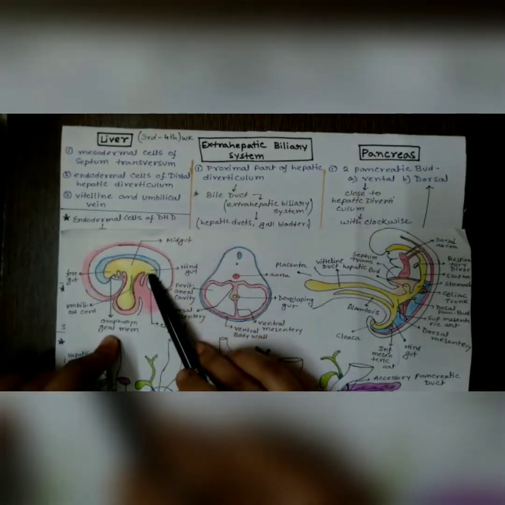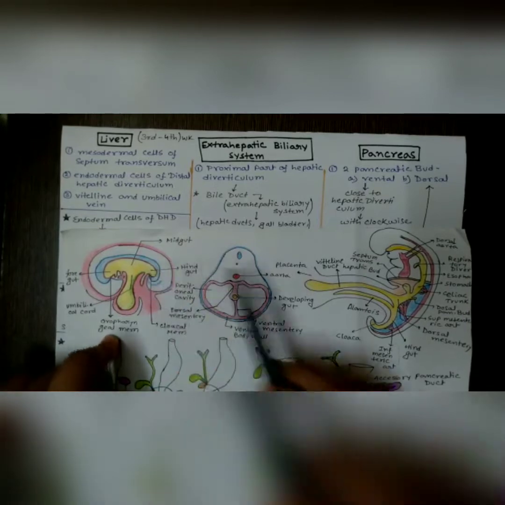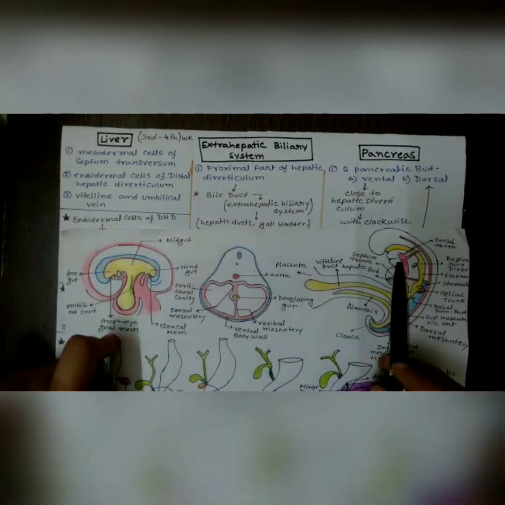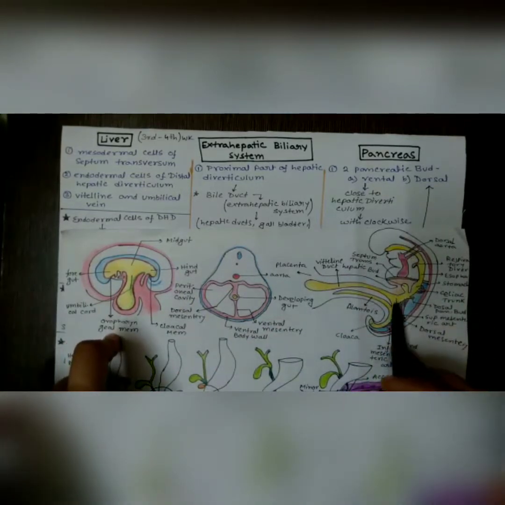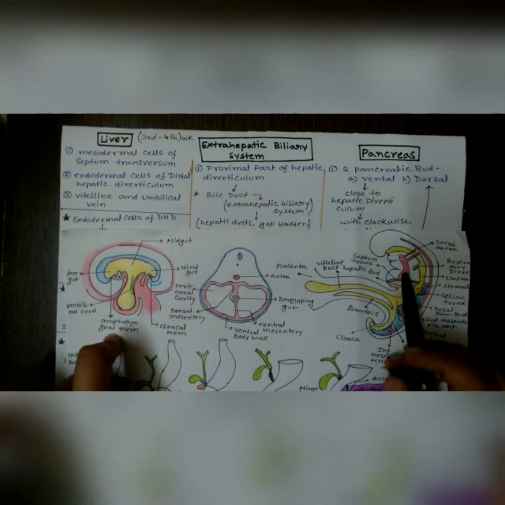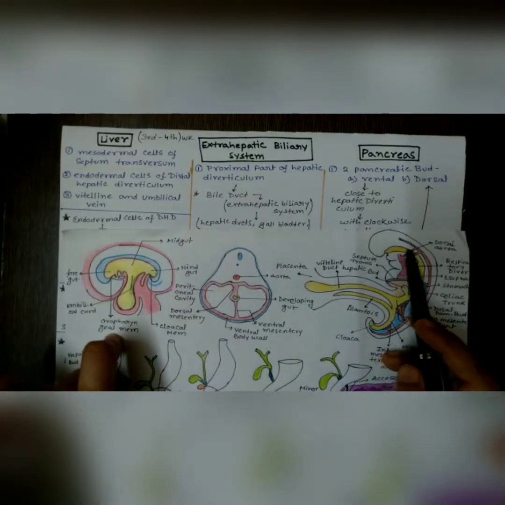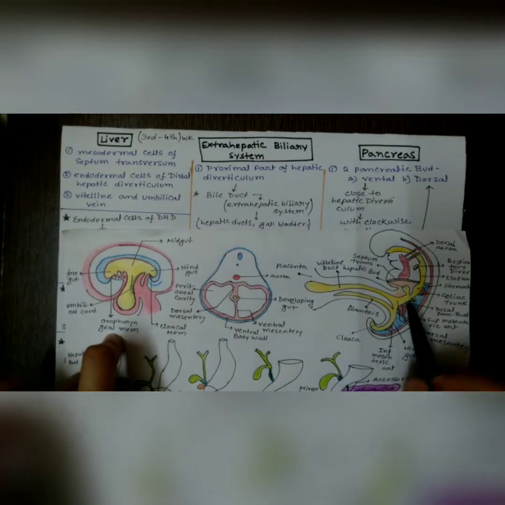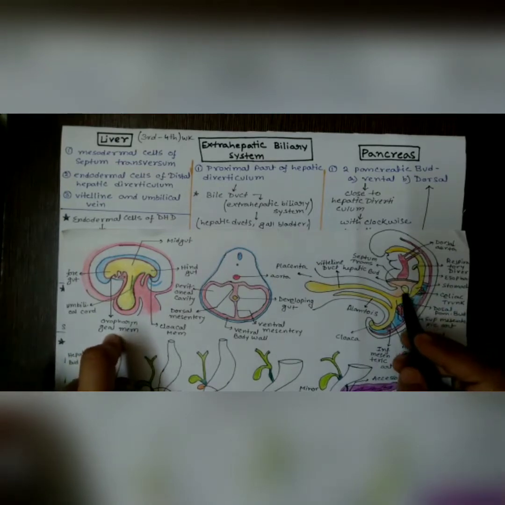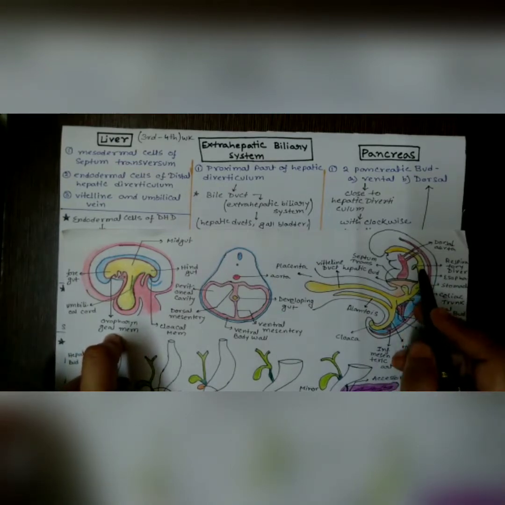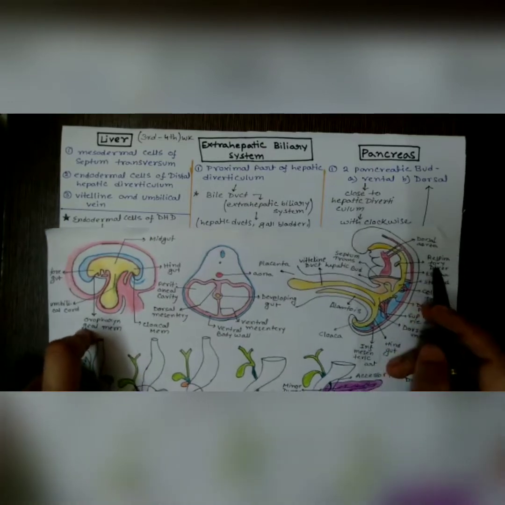When this development progresses in the third or fourth week, we can take a sagittal section of the developing fetus, and now we can appreciate this yellow tube-like structure, distal from the respiratory diverticulum.